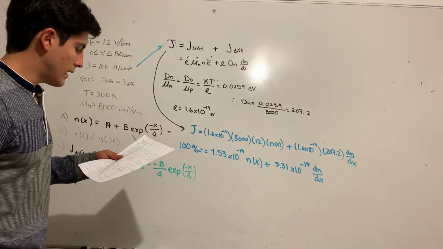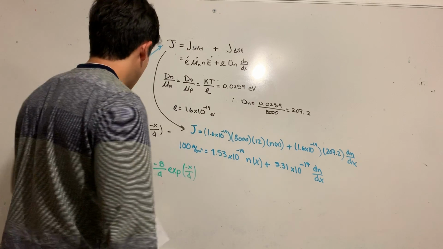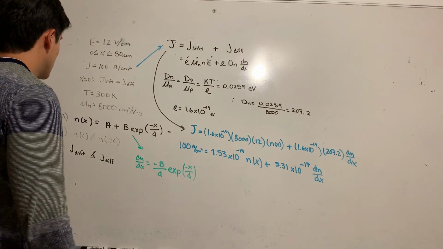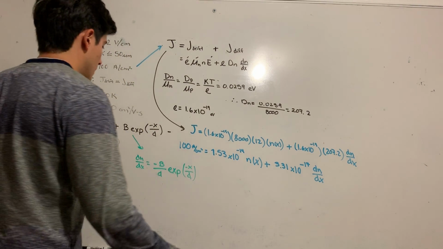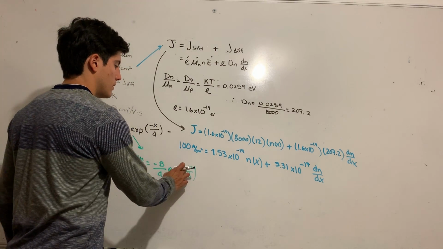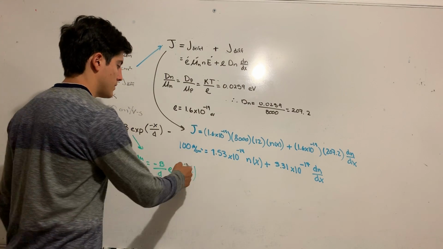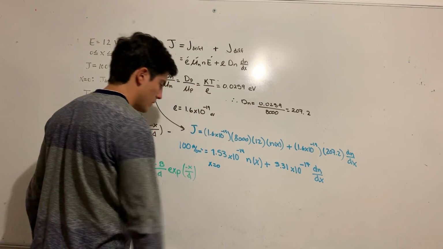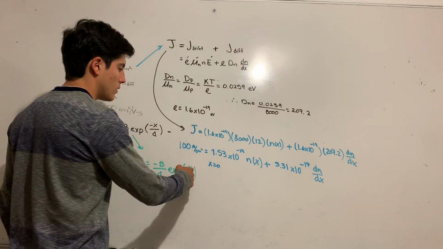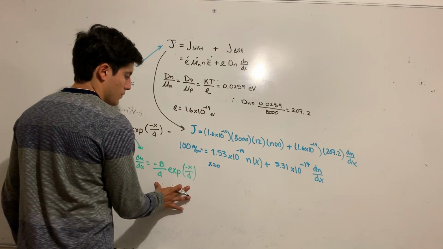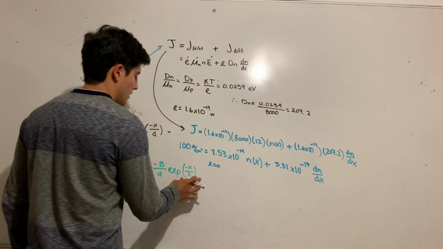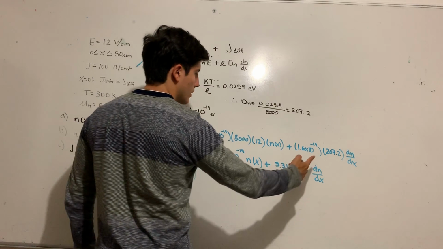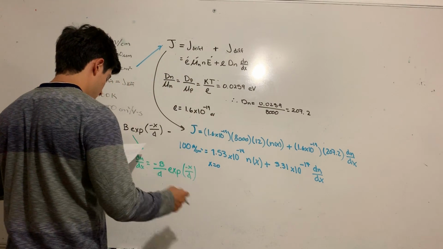So first we're going to get A. As we can tell, x here depends. If we start off when x is equal to 0, the exponential is just going to be 1.